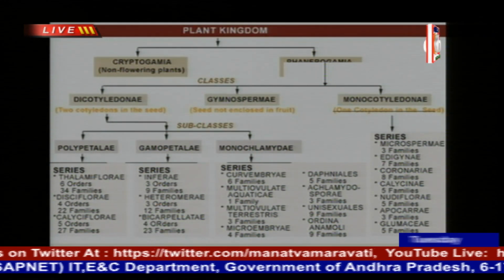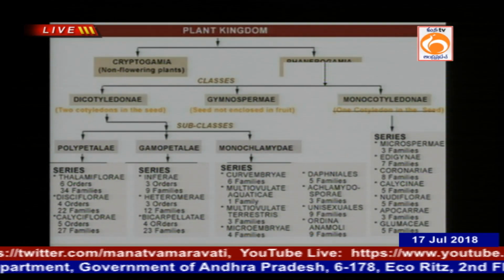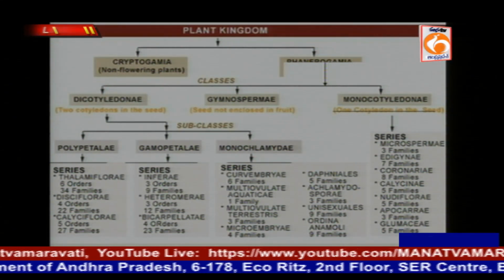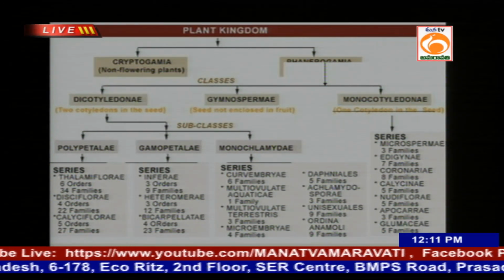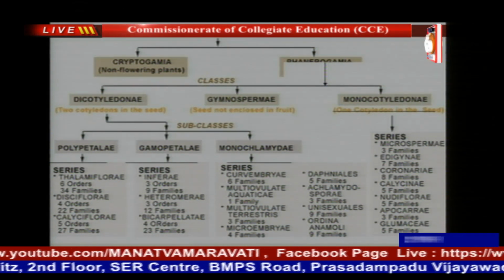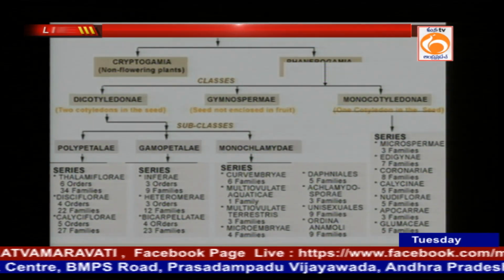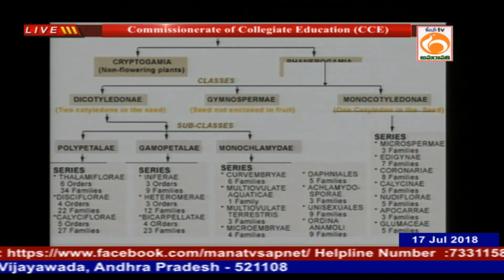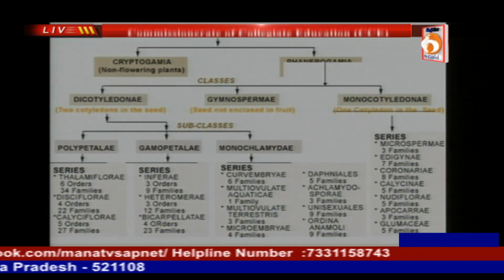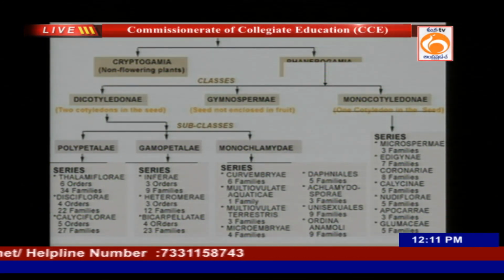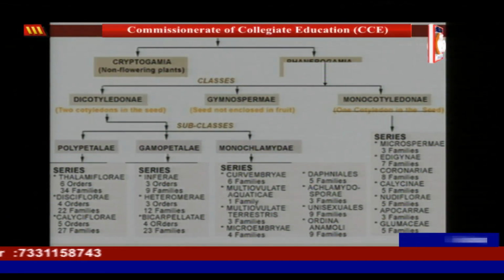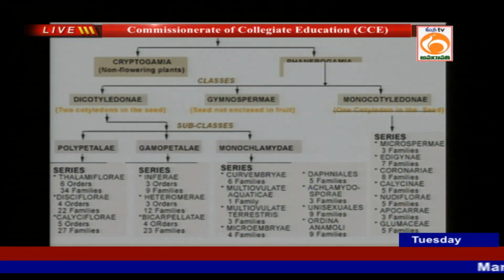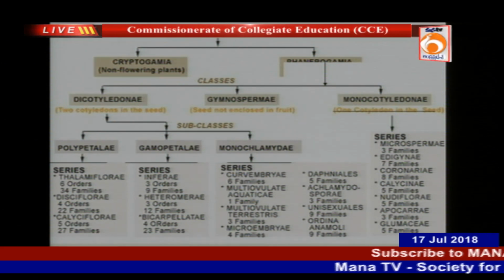Coming to the phanerogams, the flowering plants, Bentham and Hooker classified them into 3 classes: Dicotyledons, Gymnospermae and Monocotyledons. The dicotyledons are further classified into 3 subclasses, Polypetalae, Gamopetalae and Monochlamydeae, which are further divided into series.